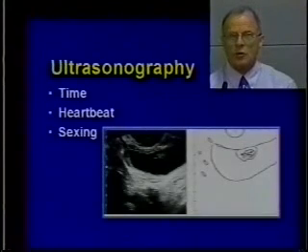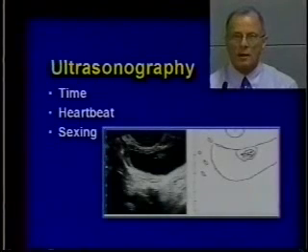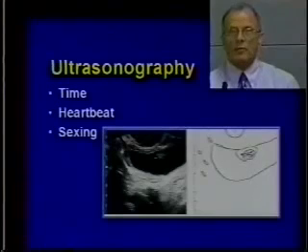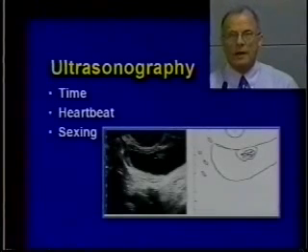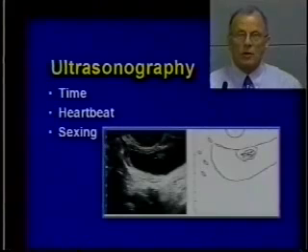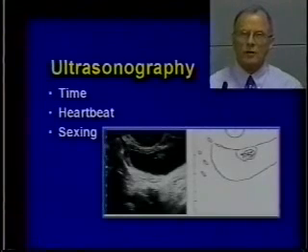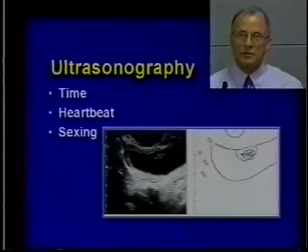We cannot do it as early as you can do in the mare, where at a couple of weeks one can already diagnose pregnancy. Not so in the cow, not so in ruminants. The reason for that is the fetal membranes in the ruminant are filamentous.